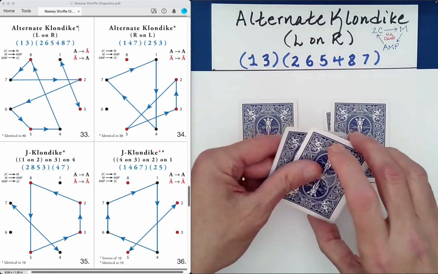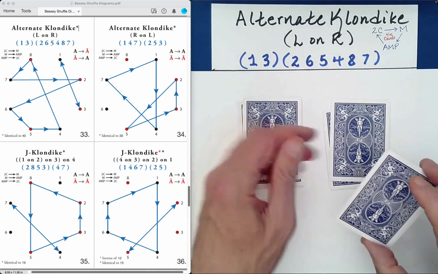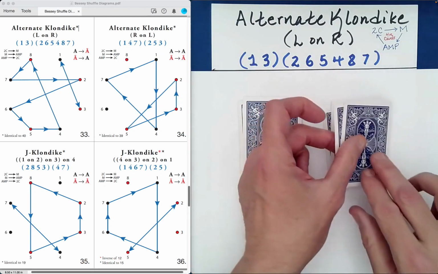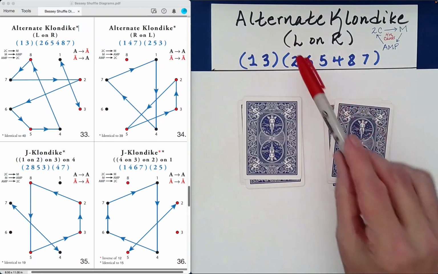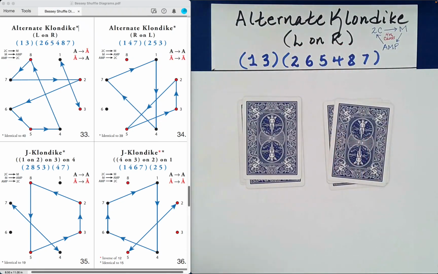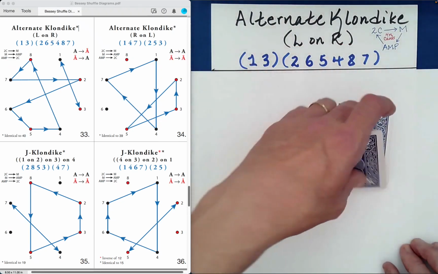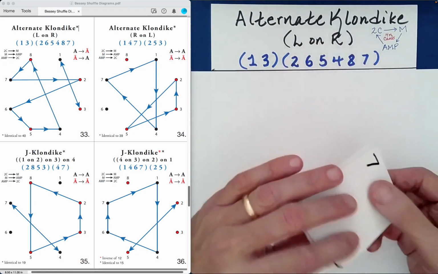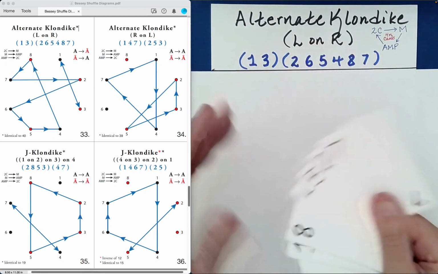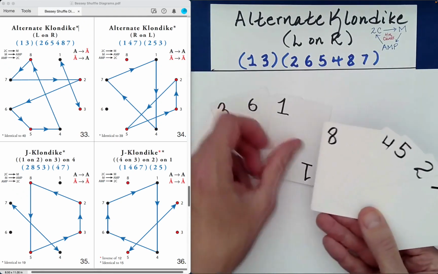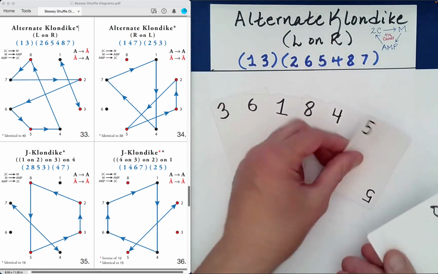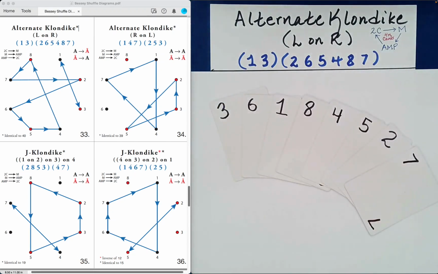Top and bottom off as 1 into the left pile, and then the remaining 2 cards get set onto the right pile. And since we are stacking left on right, we will get the following new ordering. We get 3, 6, 1, 8, 4, 5, 2, 7.